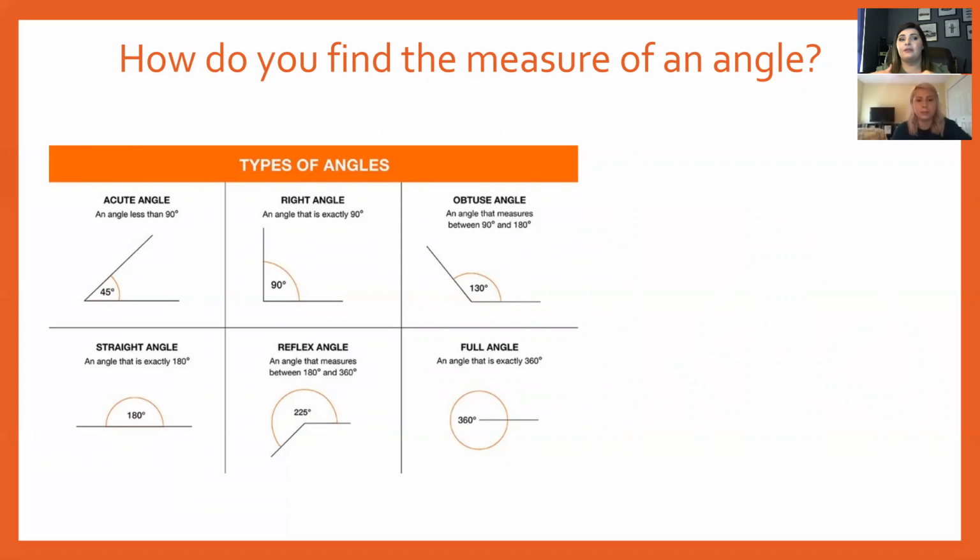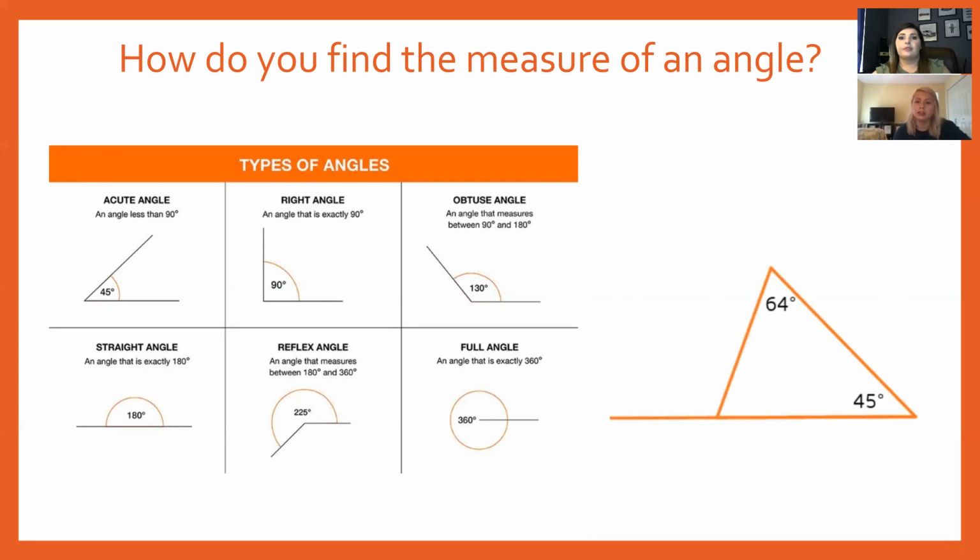The reflex angle is kind of a tricky one because it can sometimes be disguised as the obtuse angle. You just have to see which way the opening of that circle is. But that's going to be an angle that measures between 180 and 360. And then our full angle is exactly 360 degrees around, a full circle.